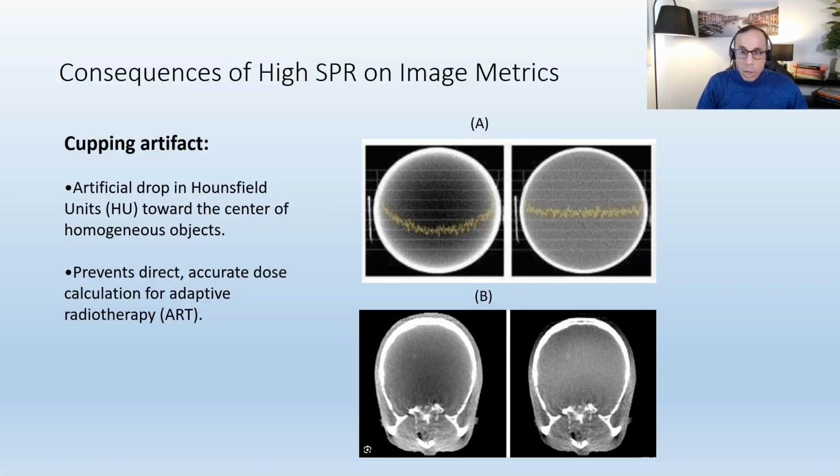Let's compare the two head scans in figure B. On the left is the CBCT image with cupping artifact, and on the right is the cone beam CT after artifact removal. You can notice the difference between the two images in the central part of the skull.